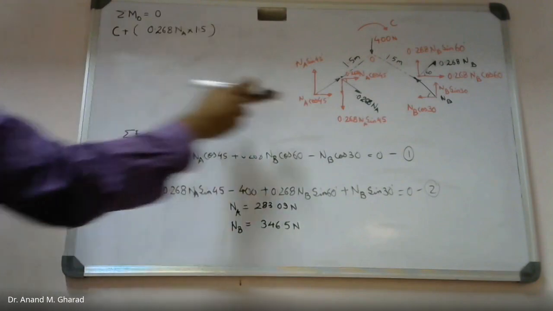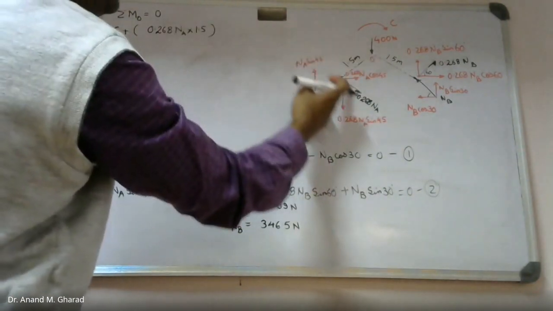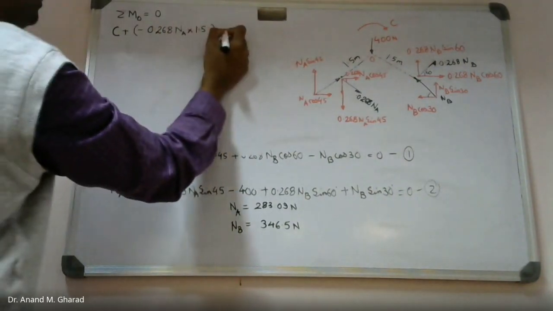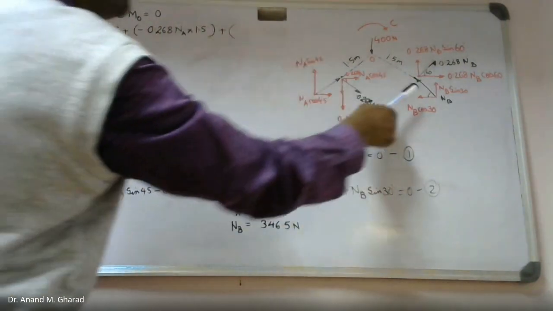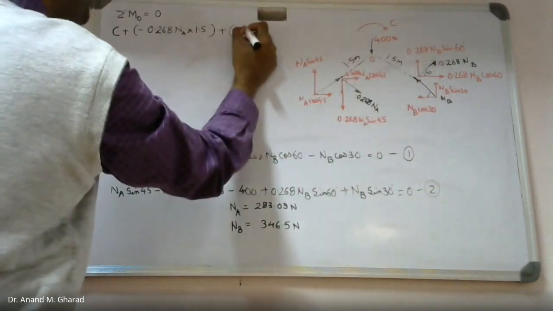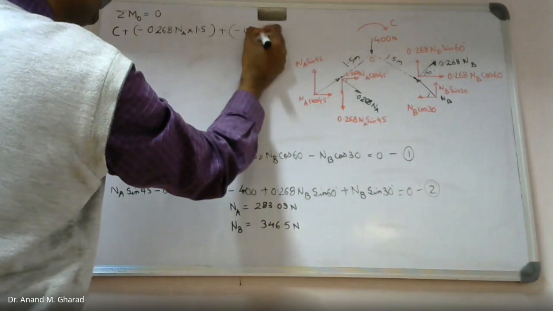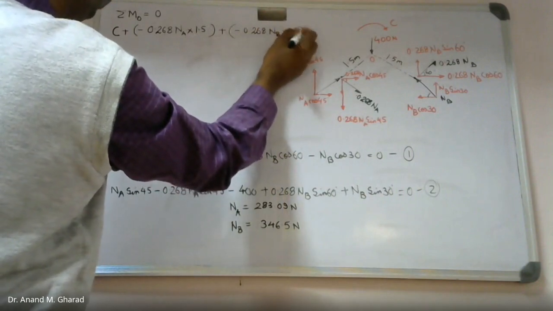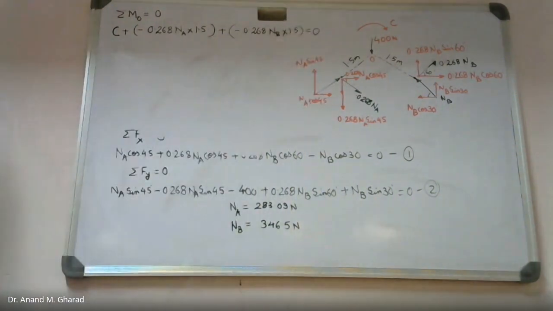So in which direction is this rotating about point O? In the anti-clockwise direction. So this will be minus. Plus, again, if I consider this component, it will be again minus 0.268 times Nb into 1.5 equal to 0.